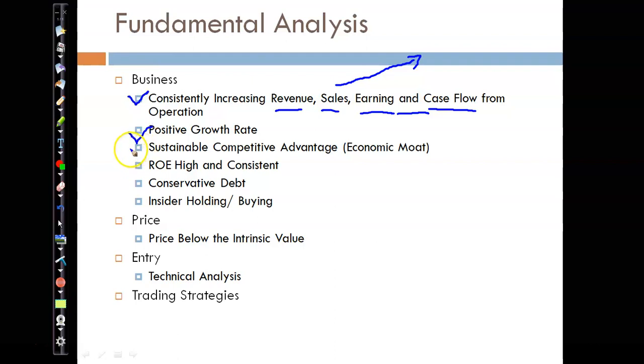Second criteria. Third criteria, sustainable competitive advantage, which is called economic moat. So I think in my previous video I explained about economic moat. ROE high and consistent. ROE means return on equity. That should increase and consistently grow.